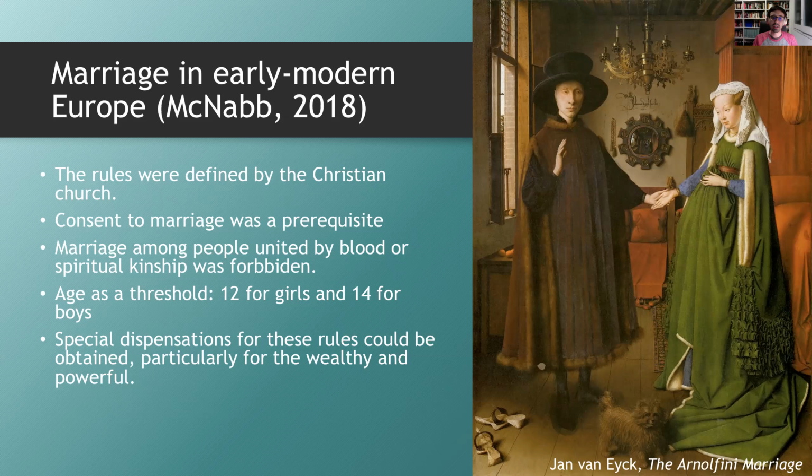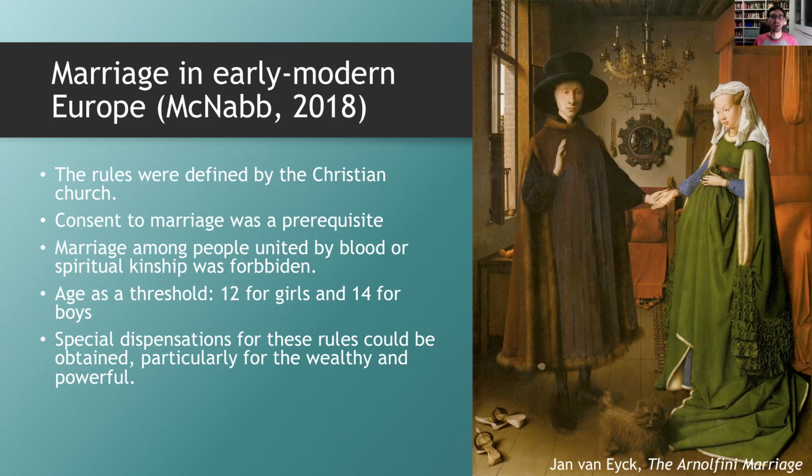Now, special dispensation to these rules could be obtained, particularly if you were a person of means, whether you were a noble person or you were part of the royalty or you were a very, very rich person. You were able to find loopholes and to acquire special dispensation so that you could marry, you could betroth younger people, or you could marry within your family group.